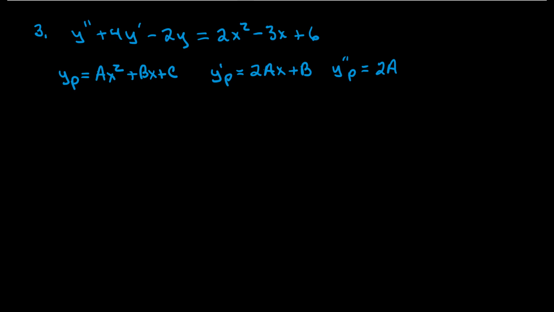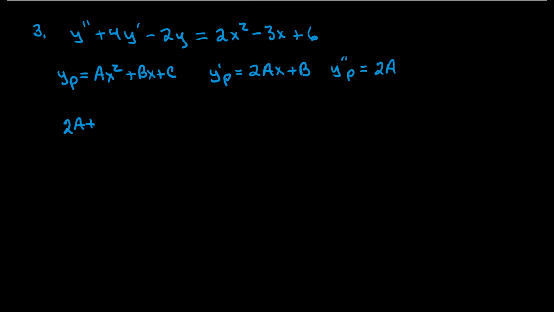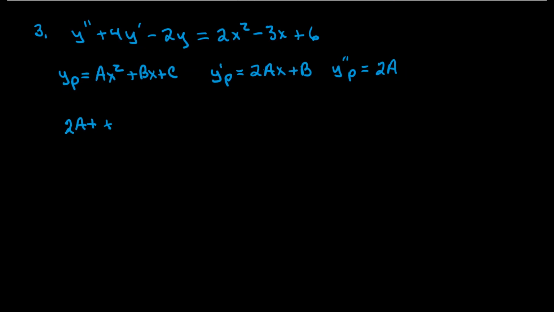So we have our y double prime is 2a. Plus, now we have 4 times the derivative. So that's going to give us plus 8ax plus 32. Remember, we're distributing the 4, so each of those terms is going to be times 4.